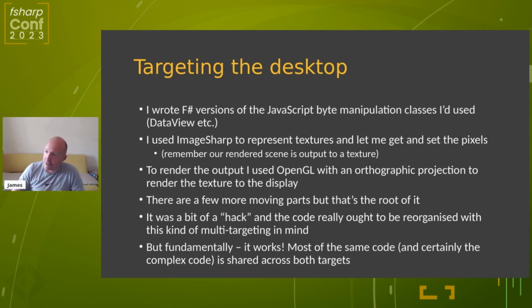Targeting the desktop was interesting, so that's the thing I'll talk about. I hadn't thought about this when I started Wolfenstein. I wasn't planning this, so I ended up using ImageSharp to represent the textures rather than the canvas and the HTML image element. I render the output using OpenGL. It doesn't mean I use the OpenGL 3D system. I render the output to a texture and then just stick the texture on the screen.